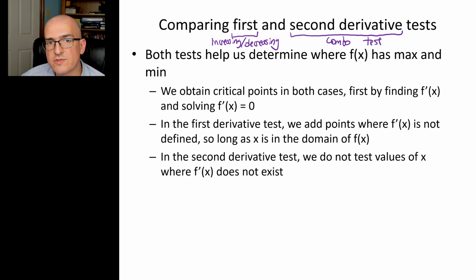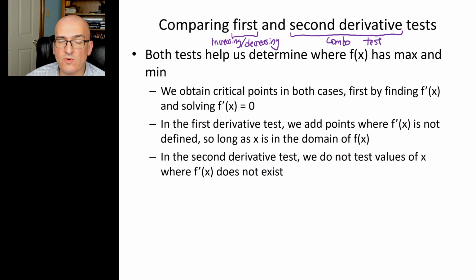Both tests are used to diagnose where a function has local max and local min. They both start the same way, by taking the first derivative and setting it equal to 0. The increasing decreasing test includes solutions for f prime of x does not exist, whereas the combo test does not. You have to exclude those from the analysis.